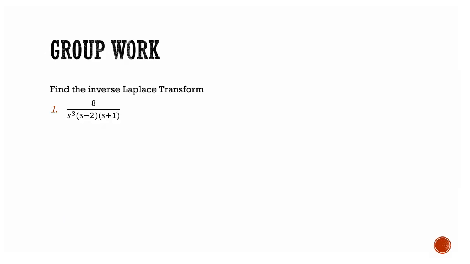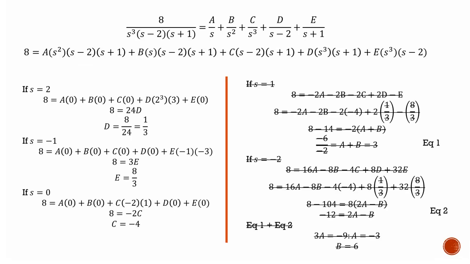Now let's find the inverse Laplace transform of this function, which is 8 divided by s to the power of 3 multiplied with (s minus 2) multiplied with (s plus 1). Now we can change this function to a partial fraction.